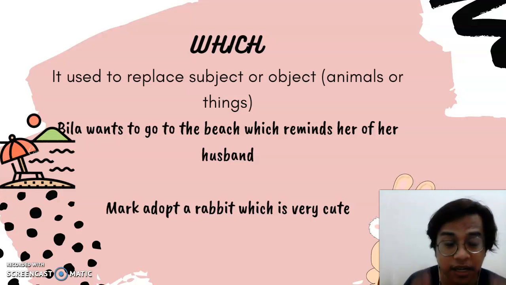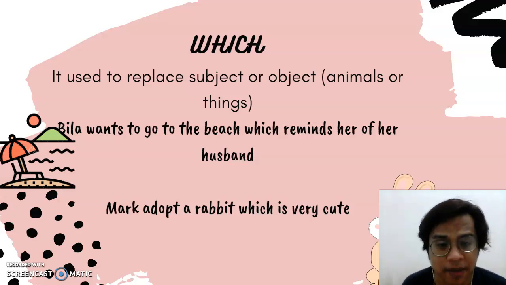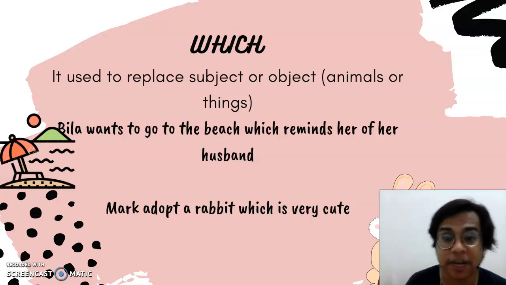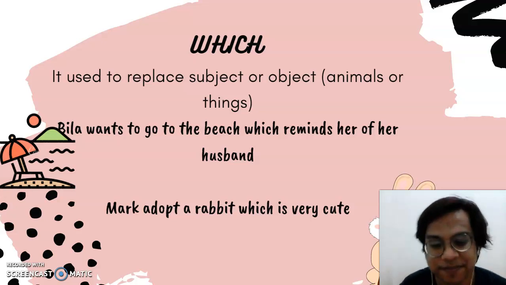Just as with the first example, in the second example, which refers to the rabbit, and it explains the rabbit which is very cute. Is it understood? We use which as the relative pronoun when we talk about animals or things. Do not use it when we talk about a person.